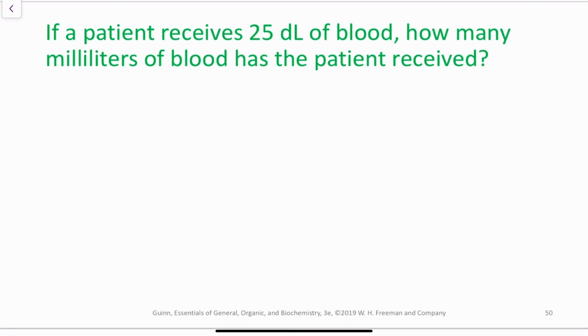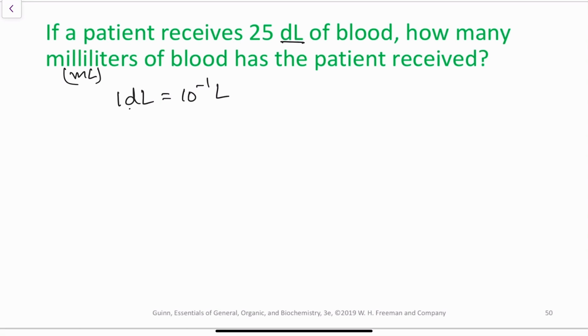Now let's try another problem that might use two or more conversion factors. It says a patient received 25 deciliter of blood. How many milliliter, which is mL, of blood has the patient received? So if I say deciliter, dL, what is d? D is 10 to the power negative 1, liter is liter, right? So this is our first equivalency.